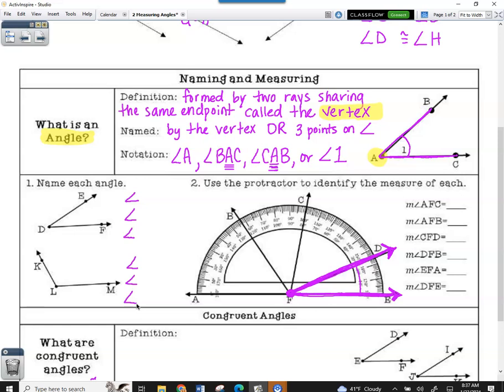So, name those angles three different ways. Look at our example in the previous box. We talked about naming it with three letters. Okay, stay with me.